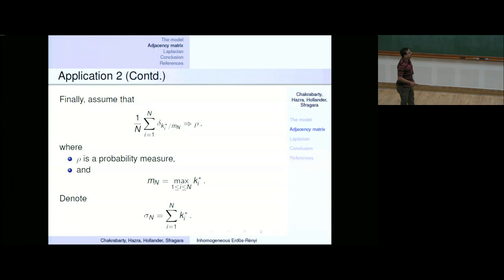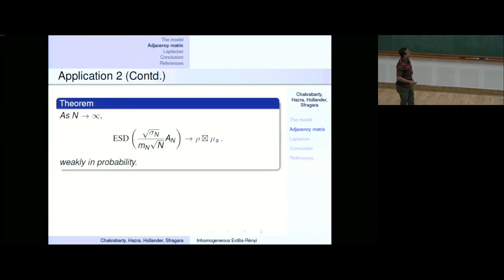And then I denote by sigma_n the sum of the k_i stars. Then a variant of the scaling theorem proved at the very beginning tells us that A_n with this particular normalization, where you multiply by square root of sigma_n and divide by m_n times square root of n, converges weakly in probability to rho box times mu_s. This was actually one of the goals of starting this project.